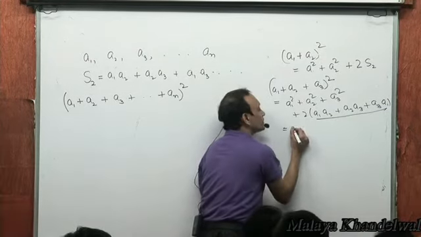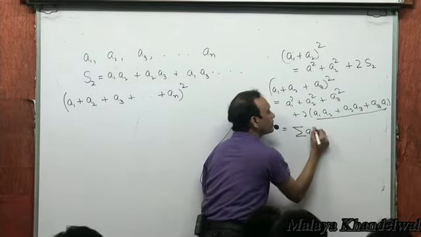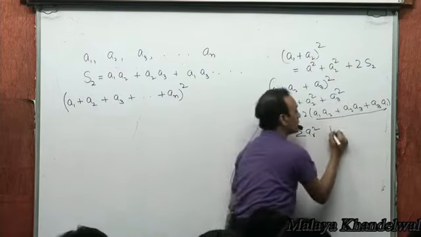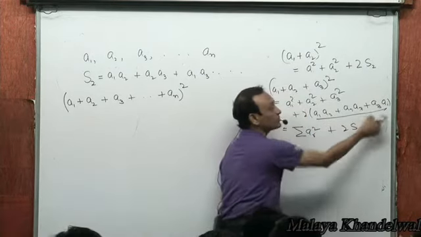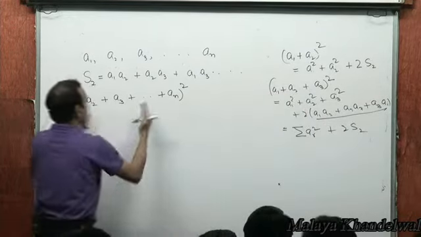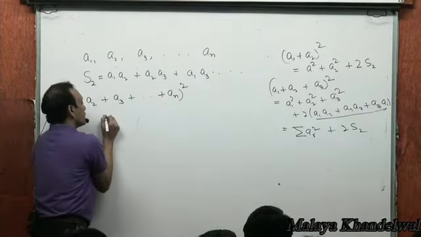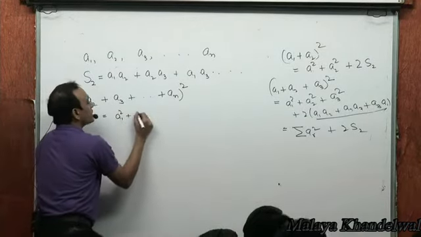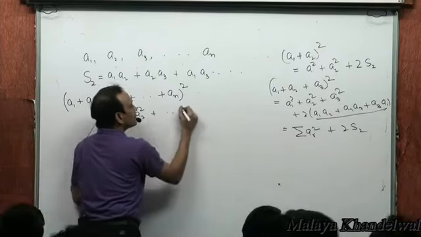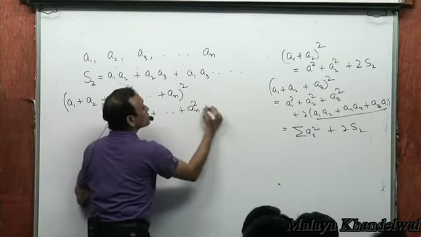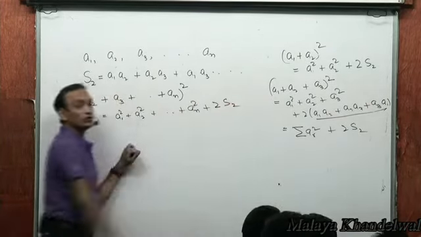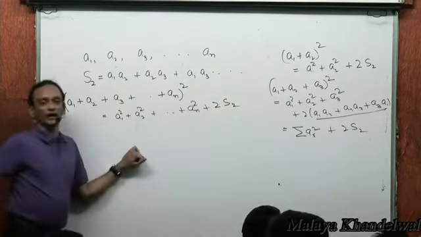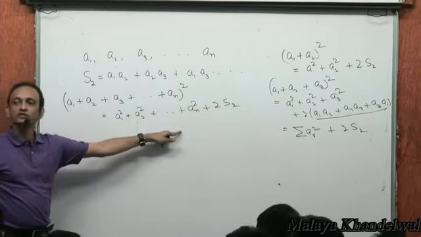This is summation Ar squared plus twice S2. In a very general sense, this would be A1 squared plus A2 squared plus An squared plus twice the sum of the product taken two at a time, S2. All possible pairs will be included in this. Yes or no?